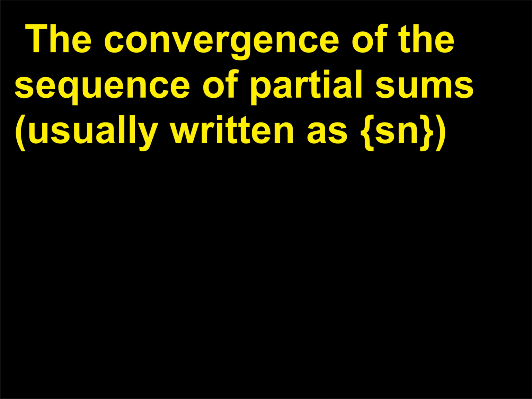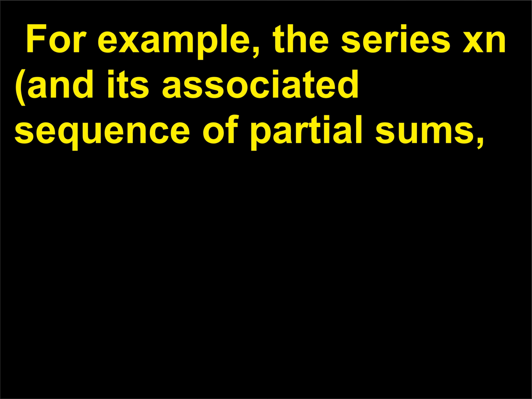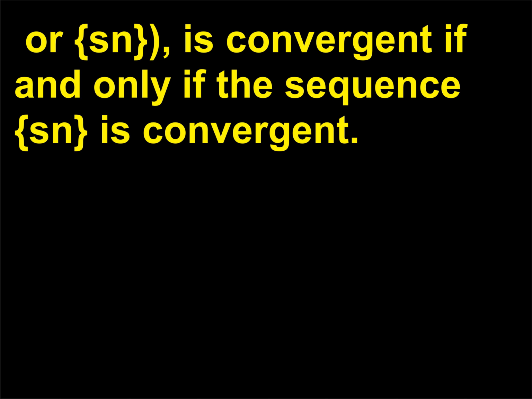The convergence of the sequence of partial sums, usually written as Sn, differs greatly from the convergence of a sequence of numbers, usually written as xn. For example, the series xn, and its associated sequence of partial sums, or Sn, is convergent if and only if the sequence Sn is convergent.